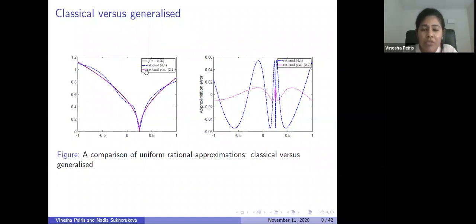The pink function is rational piecewise 2, which means now we have a generalized rational approximation problem. This rational function consists of piecewise polynomials of degree 2, one in the numerator and another one in the denominator. So we have 9 parameters coming from this problem.